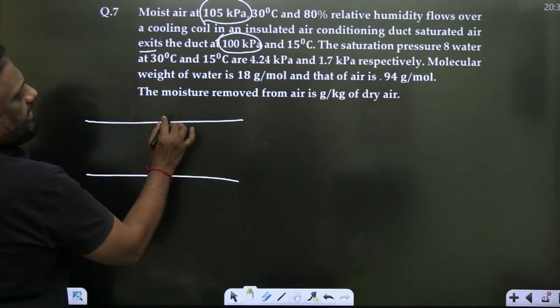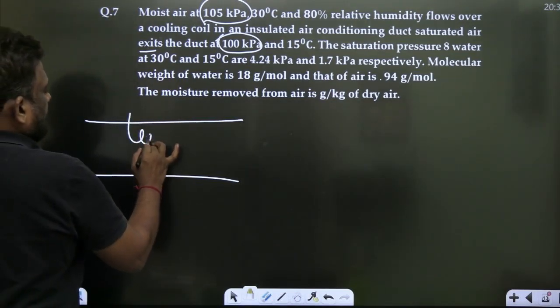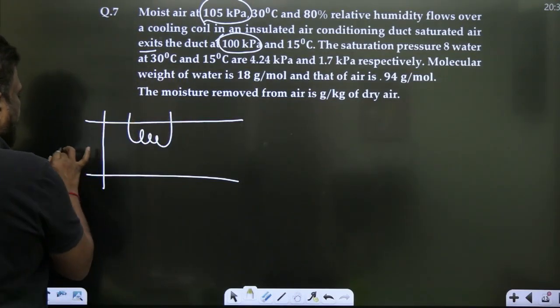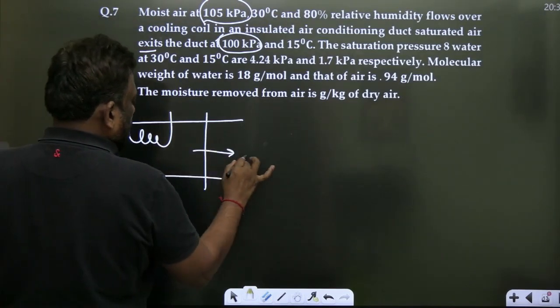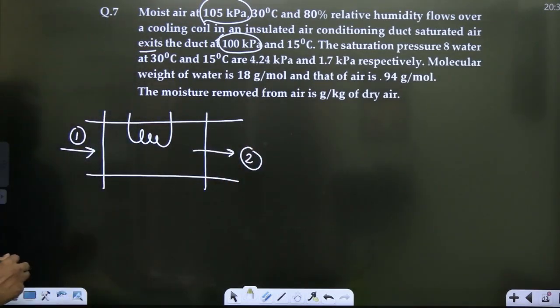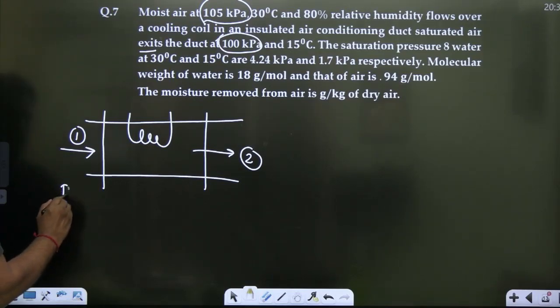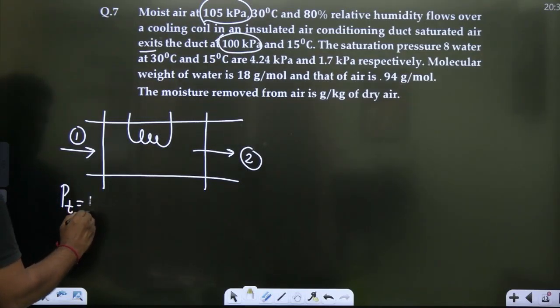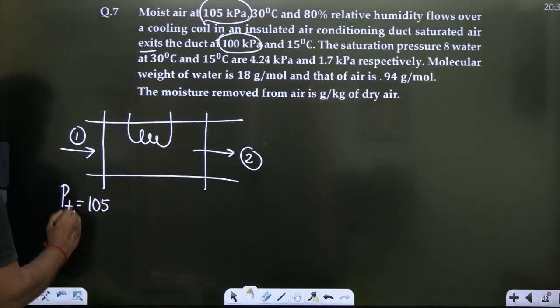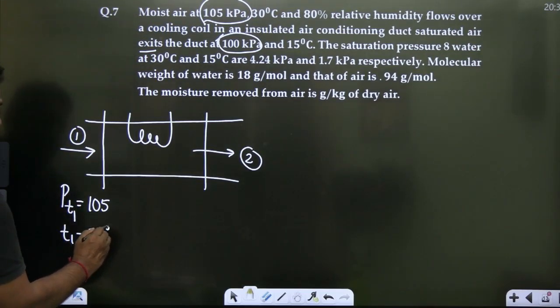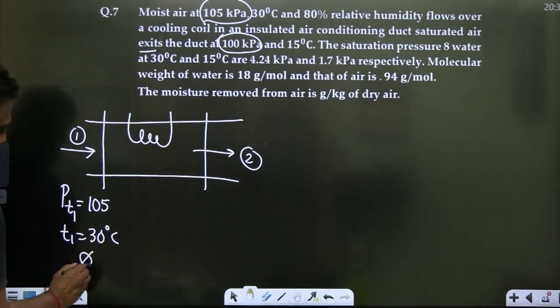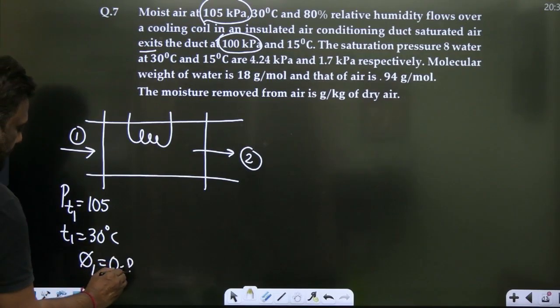This is the cooling coil. Air is entering at 1 and leaving at 2. The total pressure given at 1 is 105 kilopascal, the temperature is 30 degrees centigrade, and the relative humidity is 80%, that is 0.8.